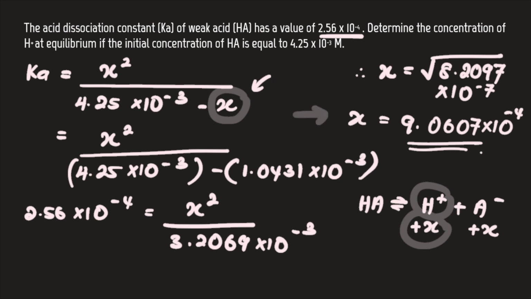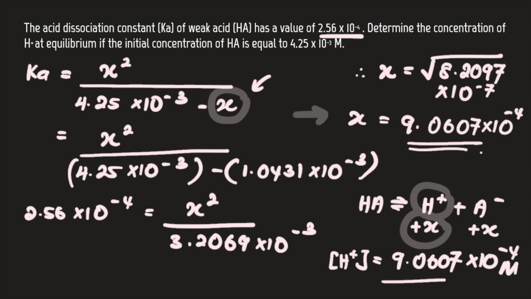So this is the value of x, which is the concentration of H plus at equilibrium. So the final answer is the concentration of H plus at equilibrium should be equivalent to 9.0607 times 10 to the power of negative 4 molar. So this is the final answer for the fourth question.